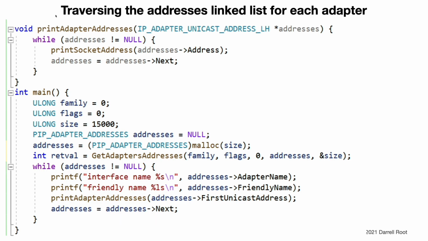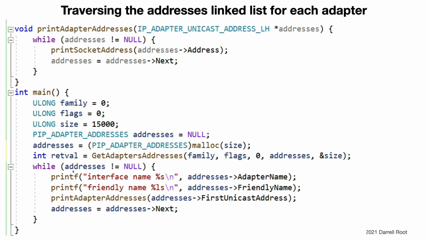Here's a quick program to traverse the addresses linked list for each adapter. So we have our main, and we get our PIP_ADAPTER_ADDRESSES data structure, and then we traverse the addresses.